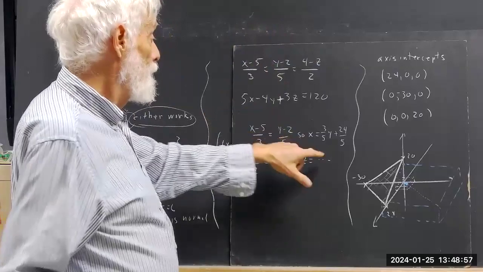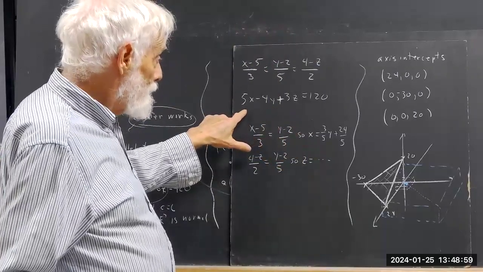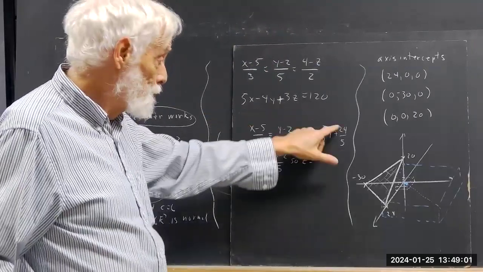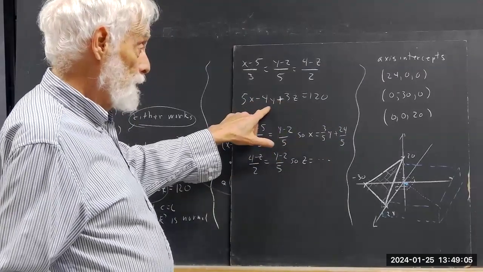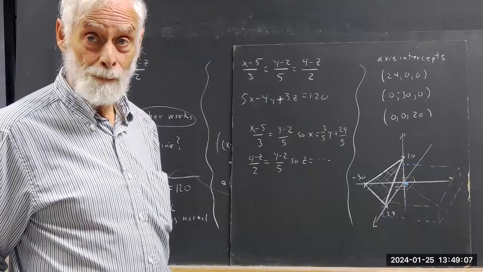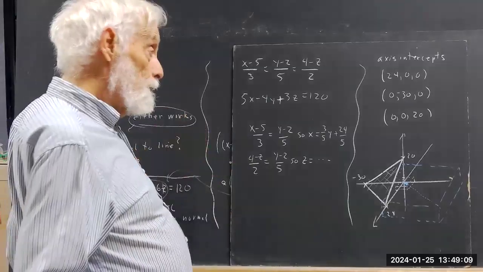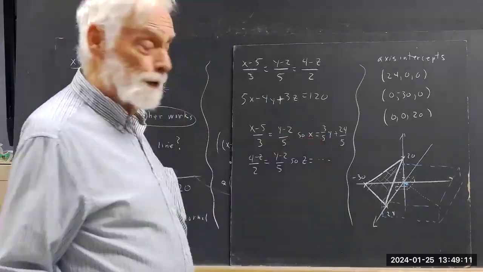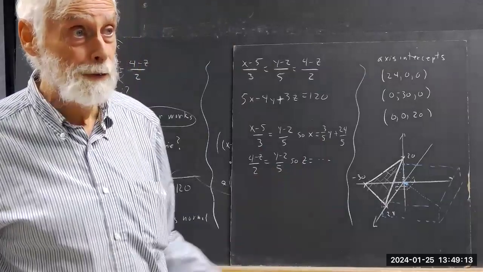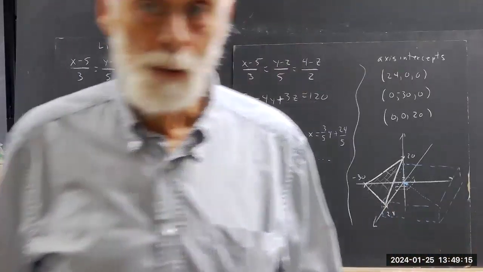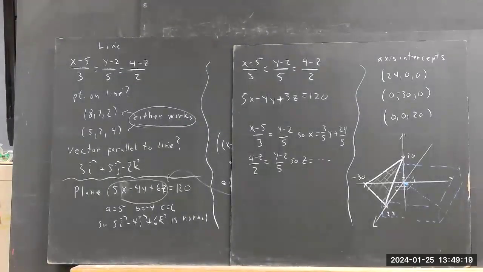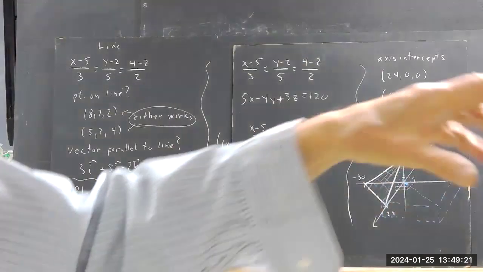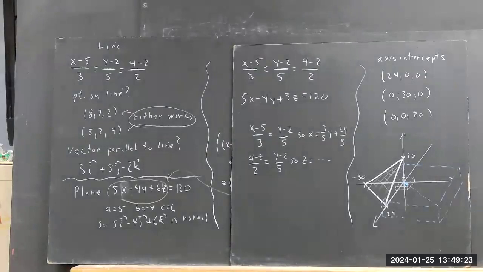And now you have expressions for x and z in terms of y. You plug those expressions into this equation and you can solve for y. And once you solve for y, you calculate x, and you're going to be able to calculate z, right? I don't want to get into the details of that because it would take too long to write out all the details, and if I skip them in my head, I'm prone to make mistakes.